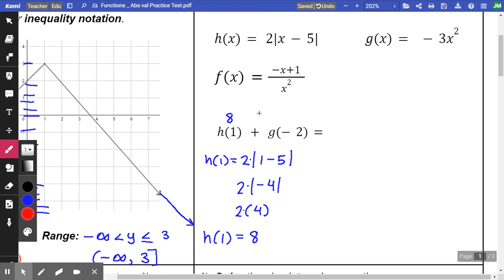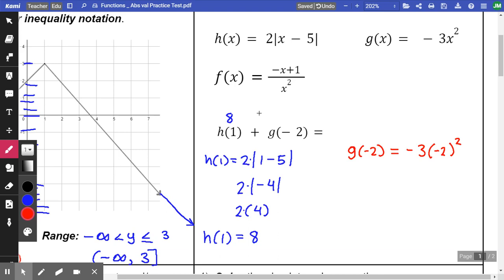And next, g of -2. What I'm going to do is plug in parentheses. I have -3, and then a set of parentheses squared. Inside of the set of parentheses is my x, which is the value of -2. The reason I do this is because I need to take care of the exponents first by following PEMDAS.